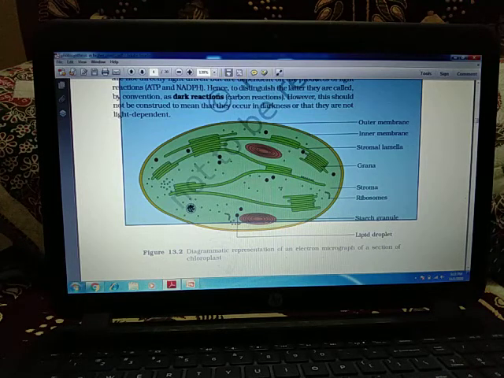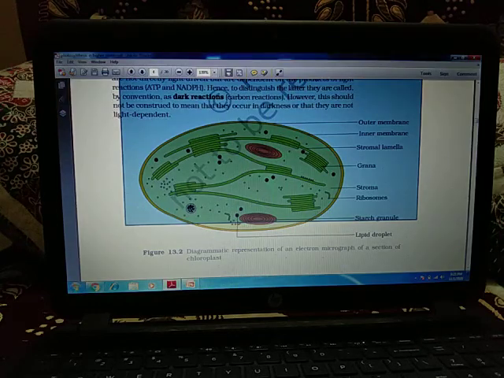It is similar to the F0 and F1 complex of mitochondria and is called CF0 and CF1. Coupling factor takes part in photophosphorylation, that is the addition of phosphate in presence of sunlight. Cytochrome b6f complexes are evenly distributed in the stroma and granum thylakoids.